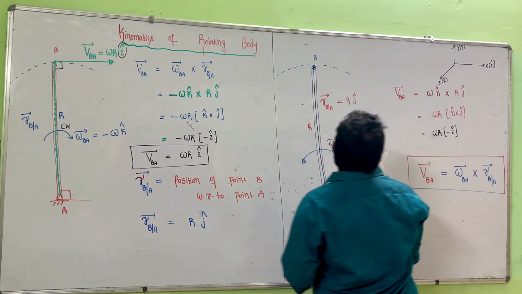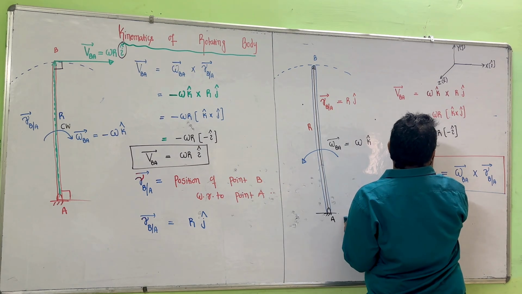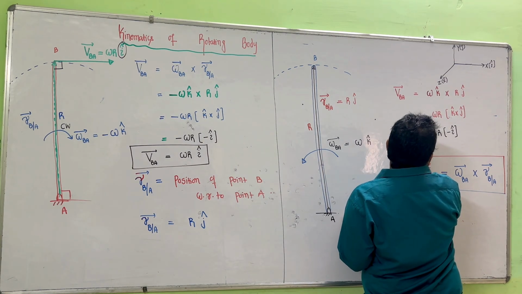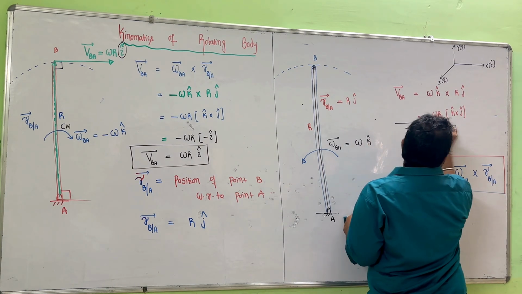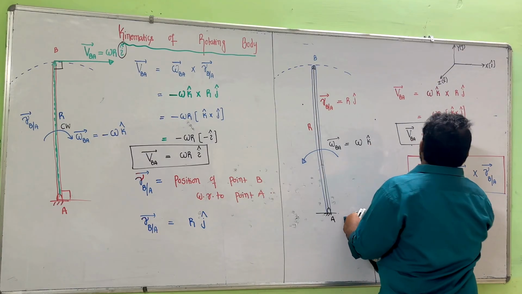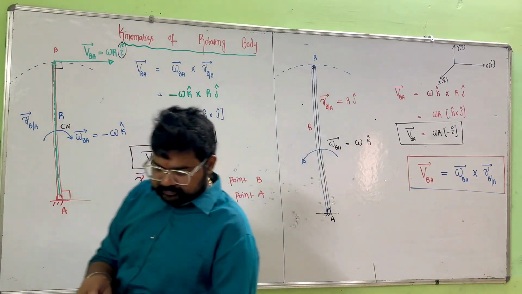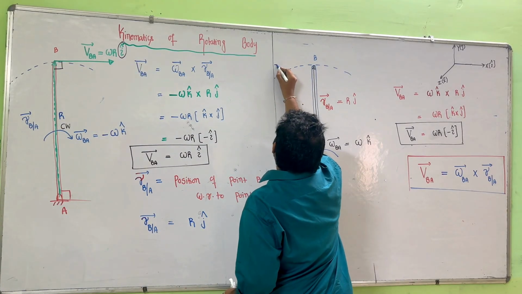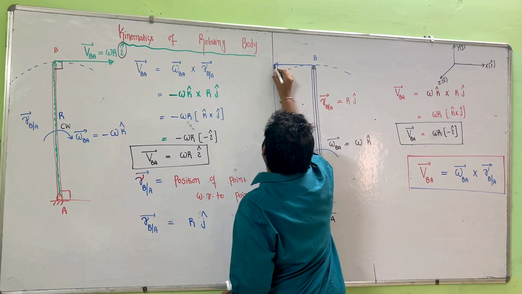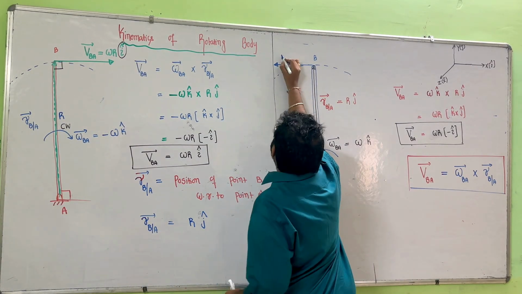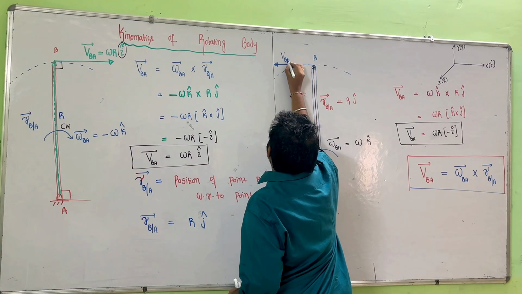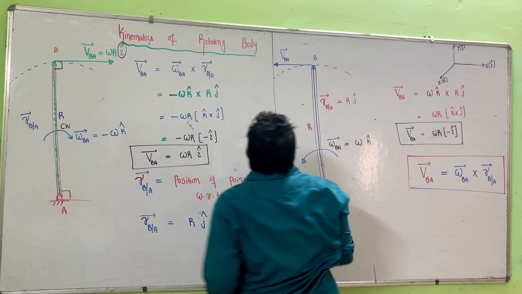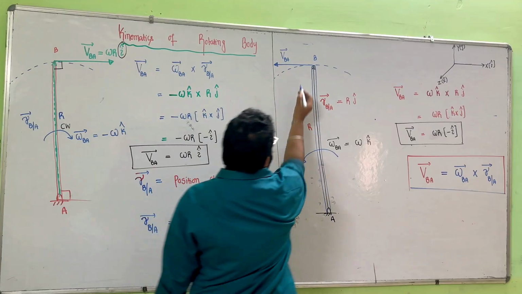Velocity at point B with respect to point A is along negative x-axis. Are you getting the same? Negative x-axis.